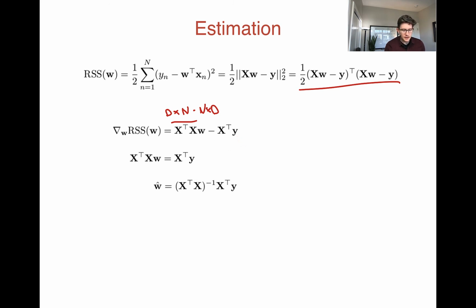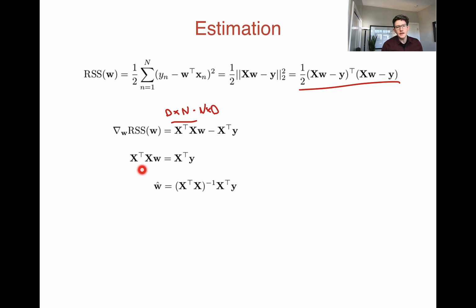This thing is d by n. So we get a d-dimensioned gradient, which is what we want, of course, because this is a derivative with respect to a d-dimension vector. If we set this to 0 and solve, then we get this here.